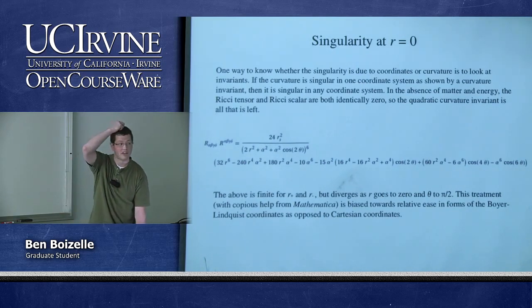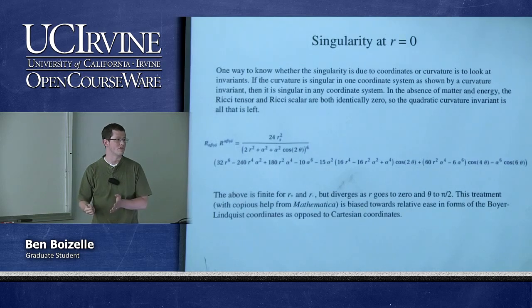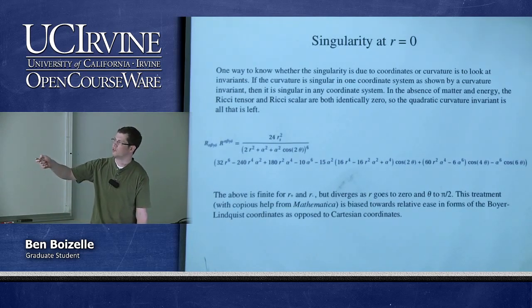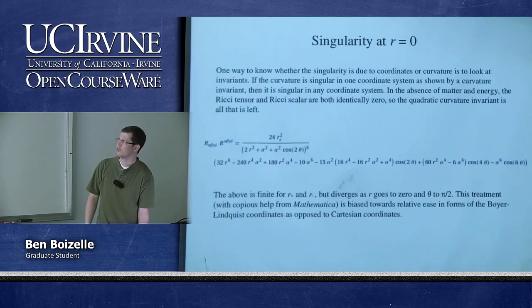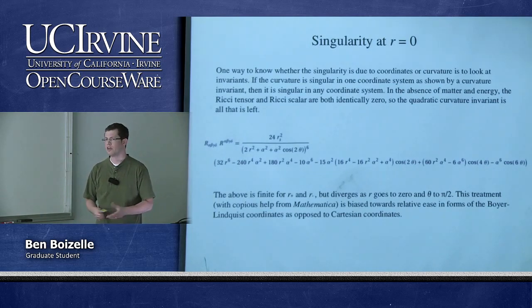And because it's an invariant, that means that regardless of the coordinate system that you're using, it will be a curvature singularity in any coordinate system that you use. So you can see here this bottom term right here. This is all multiplied. It's a really long equation. But this bottom term here goes to 0 for r being 0 and theta as pi over 2, as expected.